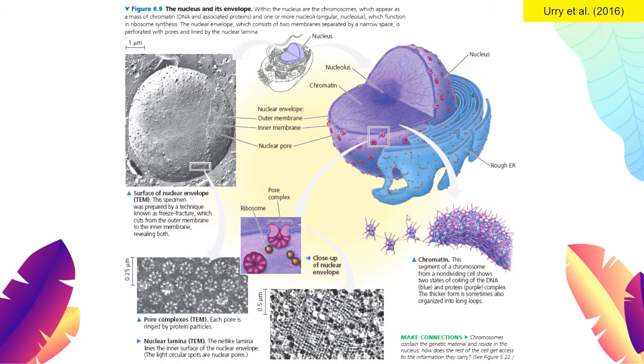We see here in detail the different parts of the nucleus. So you see the nucleus is that organelle of the cell that houses the genetic material of the cell. It's actually protected by a nuclear envelope. And this is a close-up of the nuclear envelope.